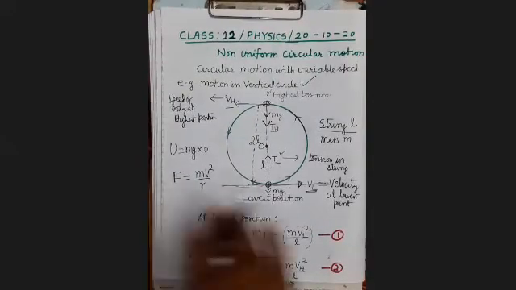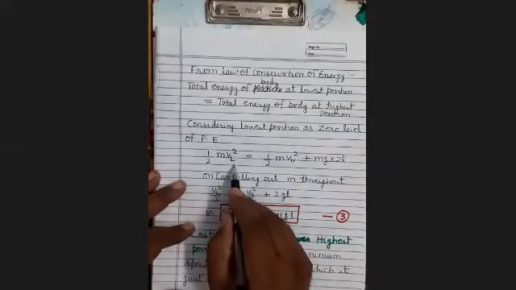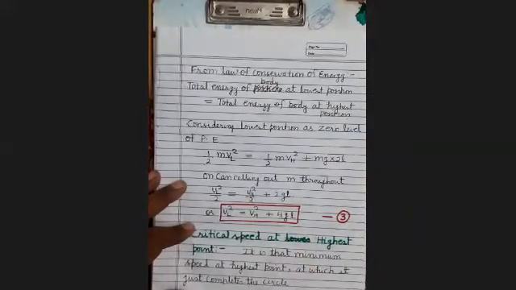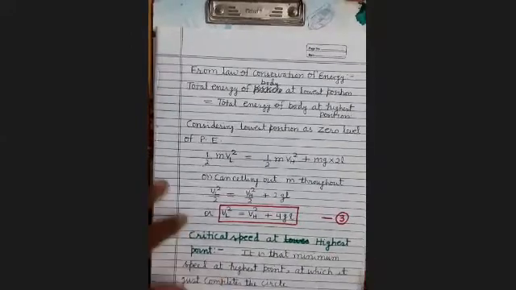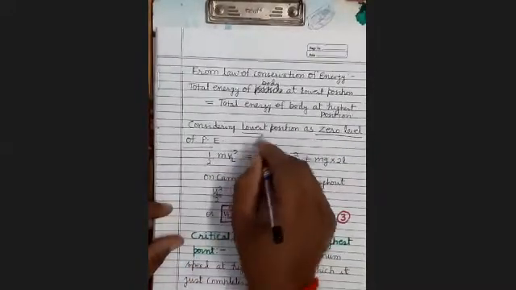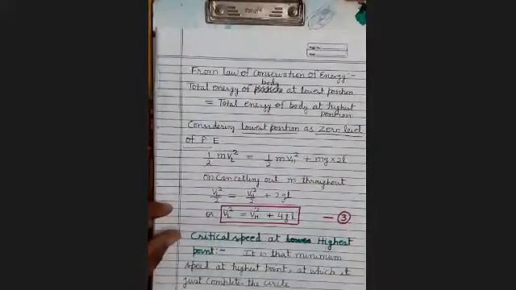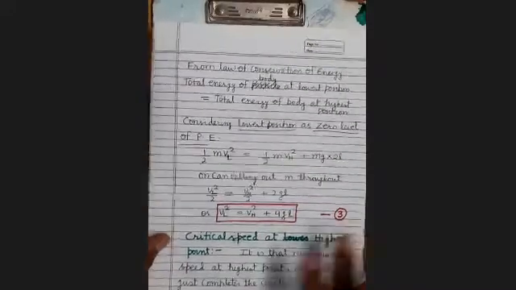So you can see here, the total energy of the body at the lowest position will be only 1 upon 2 m VL square. There will be no potential energy. Why? Because the lowest position has been taken as the zero level of potential energy.